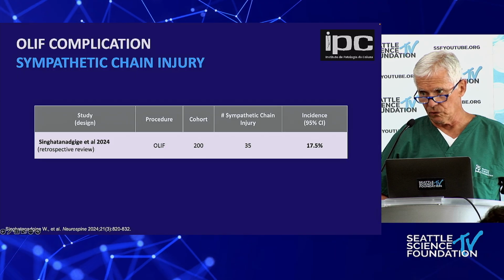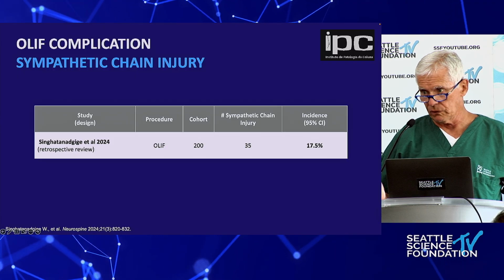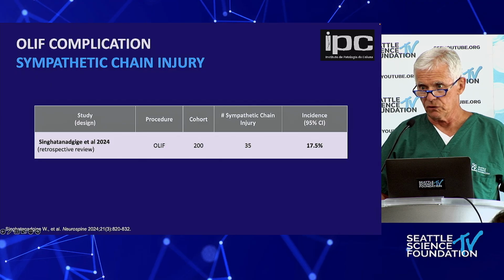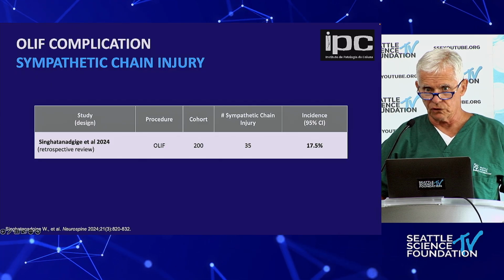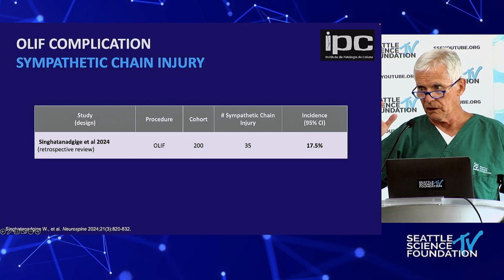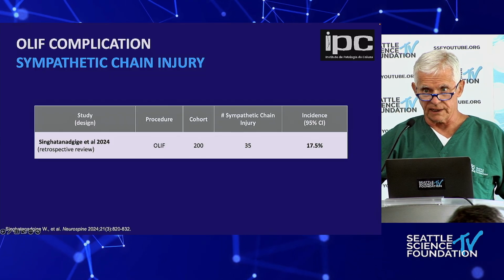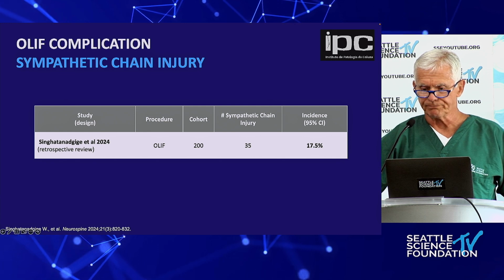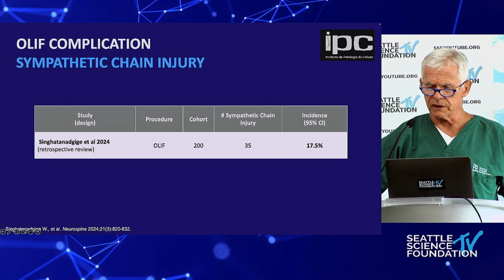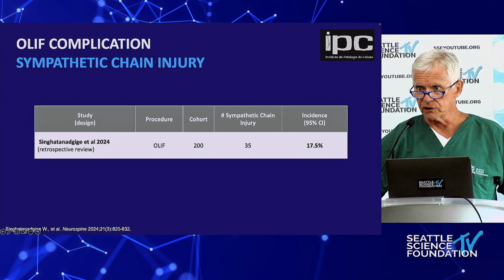We have also heard and published that in OLIF you have neighbors. Usually I say, and we saw the videos from NEW, that you arrive over the vessels, you work on the side of the vessels, and from that you dissect the psoas backwards, which means you work very close to some neighbors.